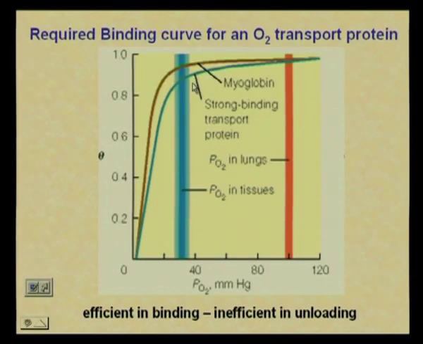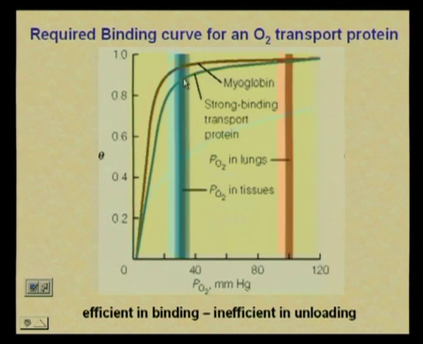Okay? So, if we have a strong binding transport protein, it is very efficient in its binding. It is still 80% saturated at the lower concentration in the tissues, but the tissues need the oxygen. And if the oxygen is still bound, then there is no point. It has to be released.